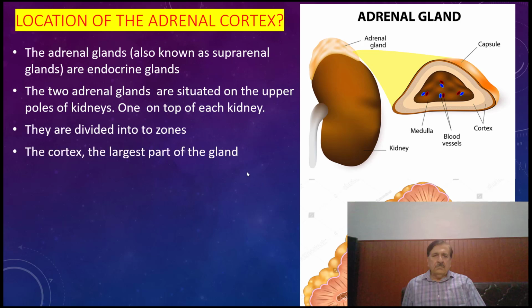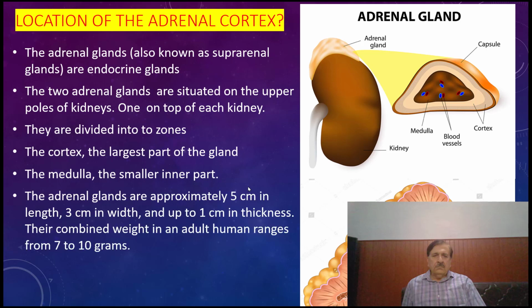The cortex, which is the largest part of the gland, and the medulla, the smaller inner part. This is the medulla, or inner part of the gland. The adrenal gland is approximately 5 cm in length, 3 cm in width, and up to 1 cm in thickness.